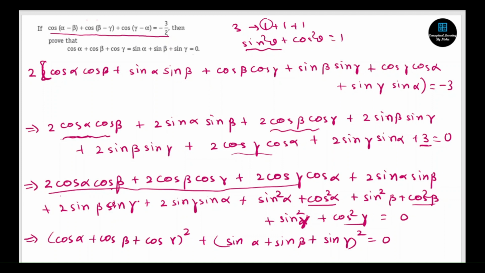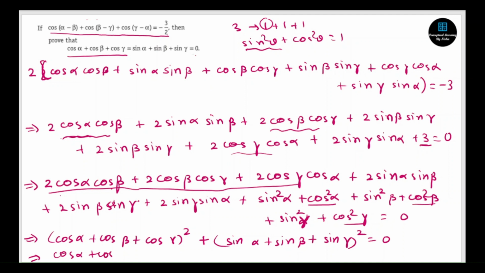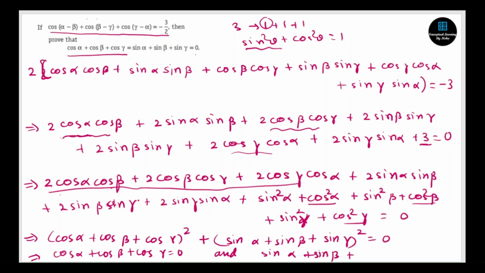Now when here it is addition, then both are equal to 0. So therefore cos alpha plus cos beta plus cos gamma equals 0, and here and, okay, not or, sin alpha plus sin beta plus sin gamma equals 0. So hence we proved this.